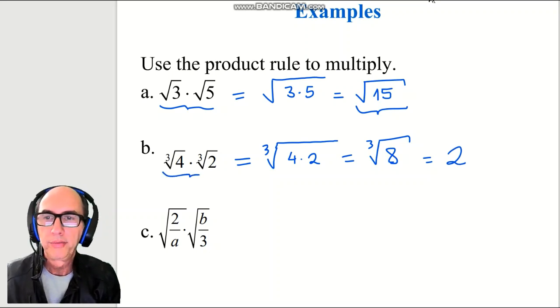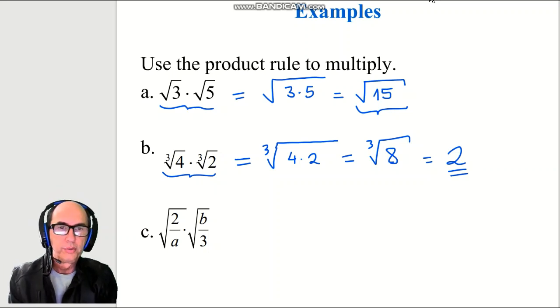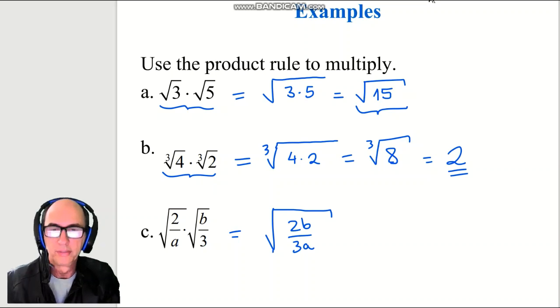See, you can simplify and find the answer as a whole number. Okay, square root of 2 over a times the square root of b over 3. Write everything under the same square root, and it is going to look a bit simpler: b over 3a. That's it. We cannot simplify this any further.